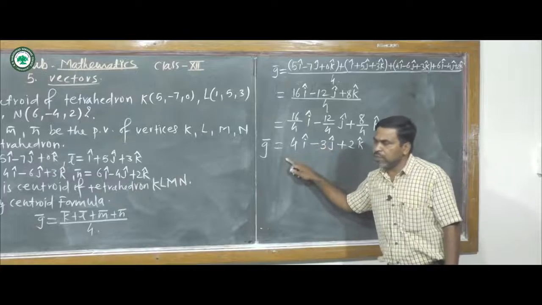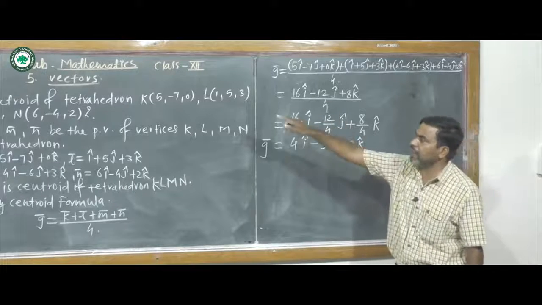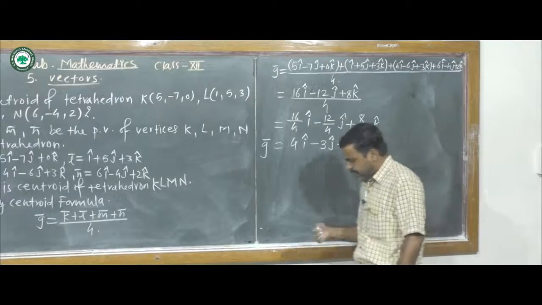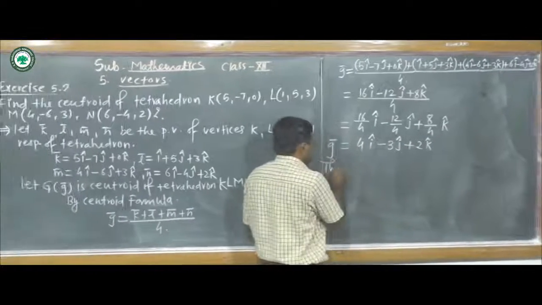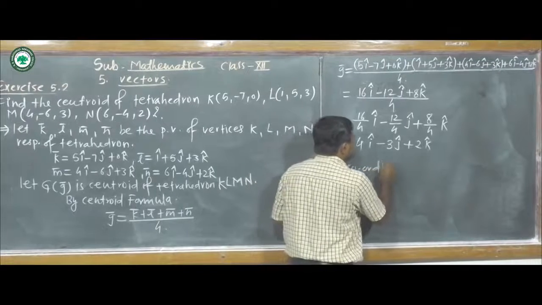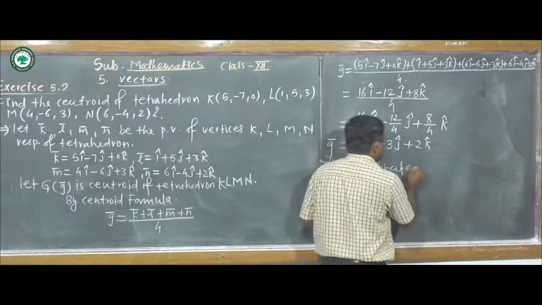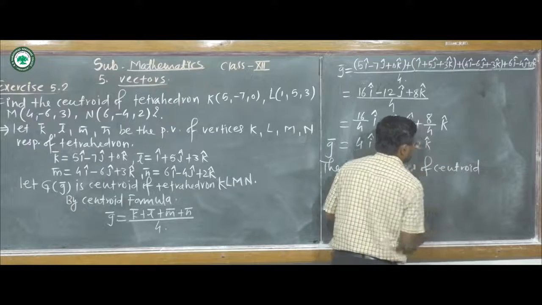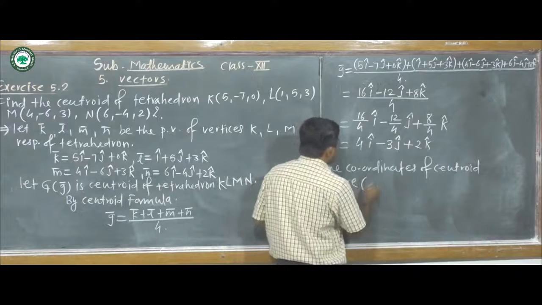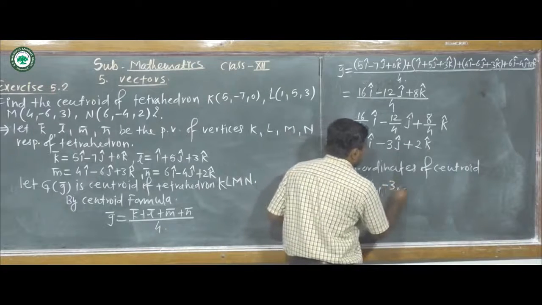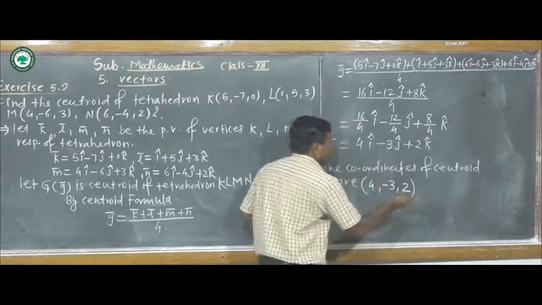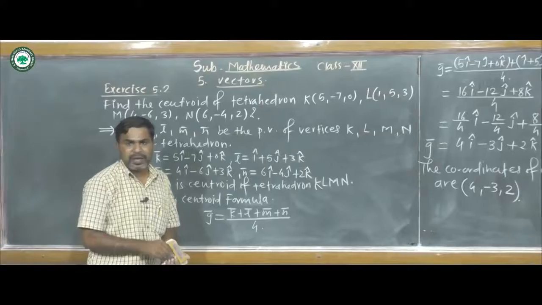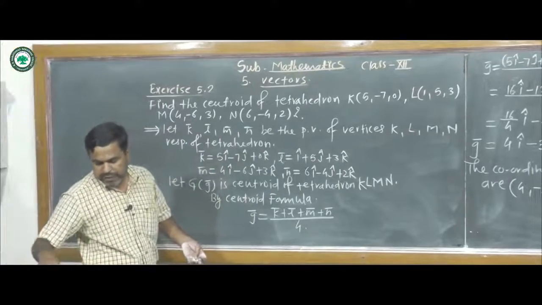Now this is the position vector of the centroid of the tetrahedron KLMN. Now the coordinates of centroid are 4, minus 3, 2. So this is the centroid of the tetrahedron KLMN. Okay, next question.